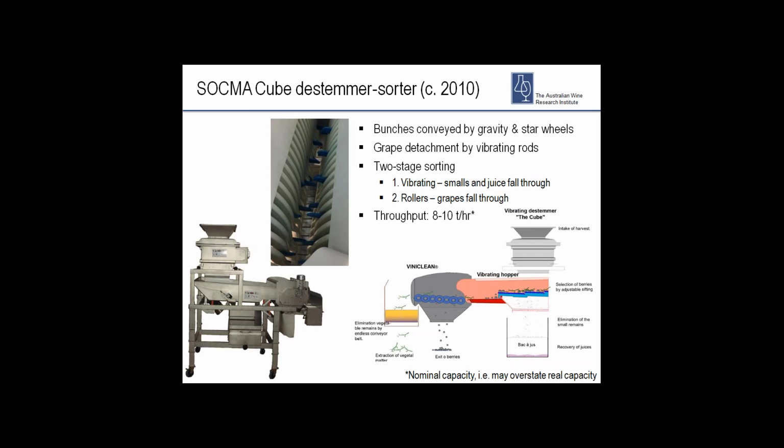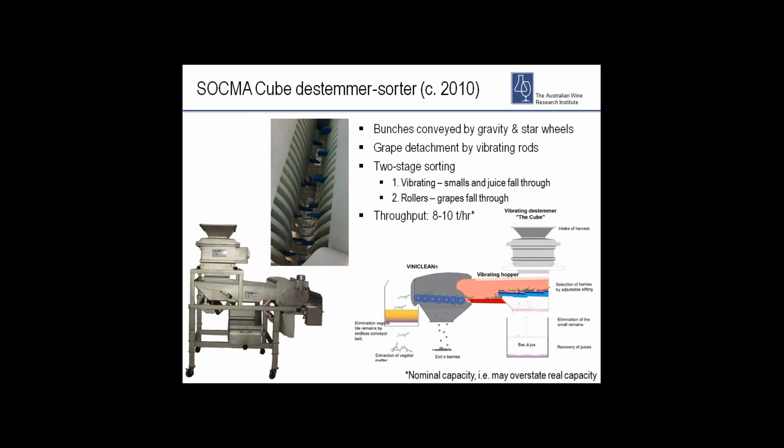I guess the picture at the top left here is looking in the top of the destemming chamber, and you can see the white-yellow beating rods, and you can see the blue star wheels sticking out in between them that help with conveying the material through the destemming chamber.